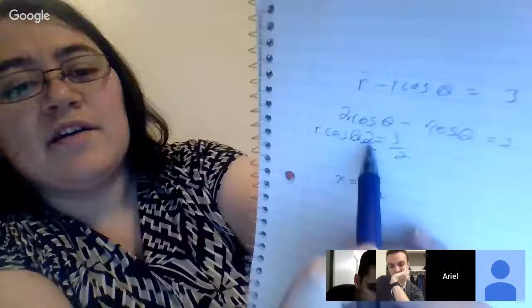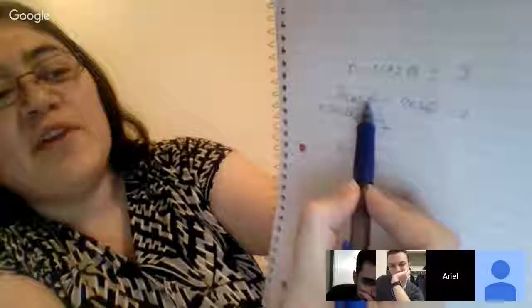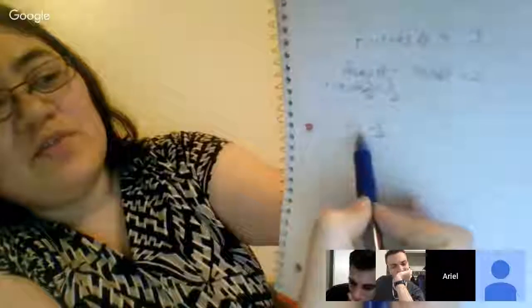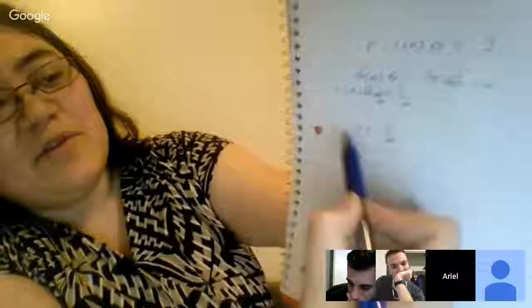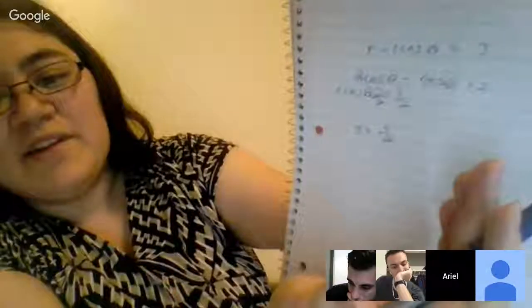Where'd you get the 2 from? The 2, because I put the r equals 2 cosine theta. That's a formula. So then I had 2 r cosine theta minus r cosine theta. I factored out the r cosine theta, divided by 2 to get the 3 over 2, and then turned the r cosine theta into x, but I don't really know where anything else went in that equation.